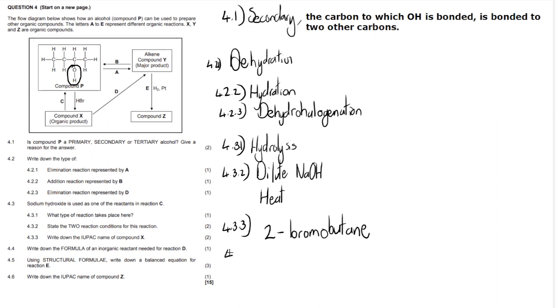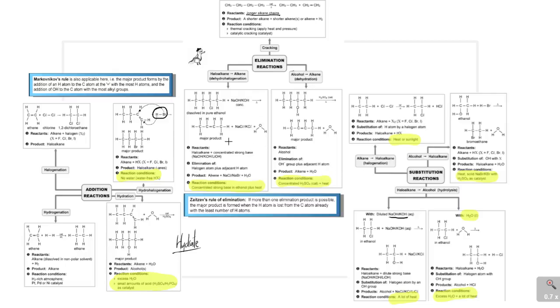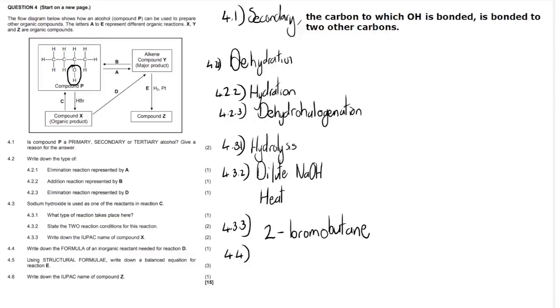Actually, we still have time. Let's finish this one. We're so close to the end of this question. 4.4, write down the formula of the inorganic reactant needed for reaction D. That is going from the haloalkane to an alkene. Again, that is elimination. Going back to our notes, we've got the elimination reaction going from a haloalkane to an alkene. The question asks for the formula of the inorganic reactant.